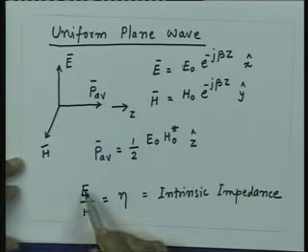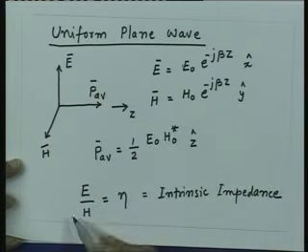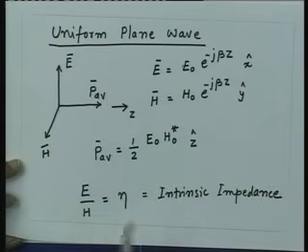So I also have for a uniform plane wave a relation that the ratio of electric and magnetic field is equal to eta, which is the intrinsic impedance. I can substitute for the magnetic field, that will be E upon eta, or for the electric field, which is H times eta.